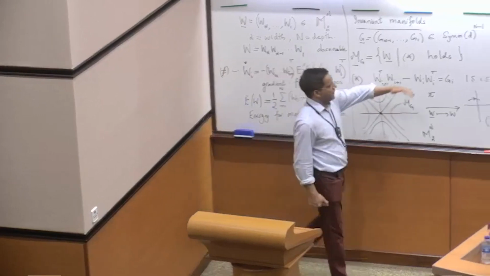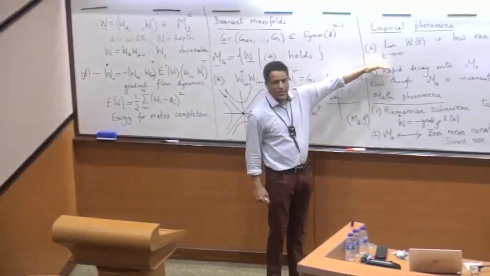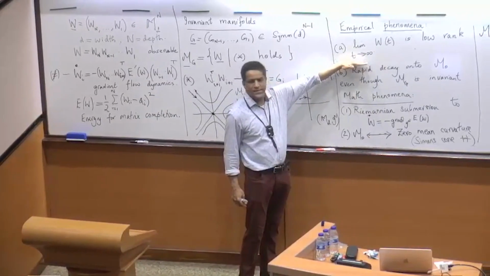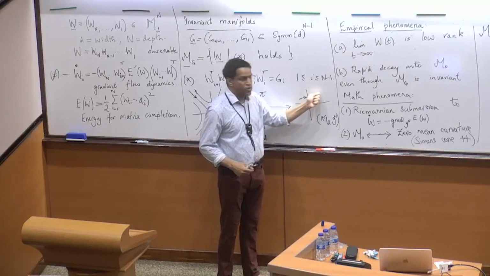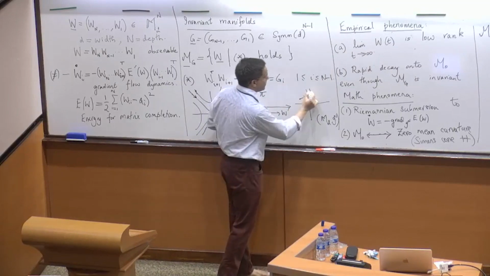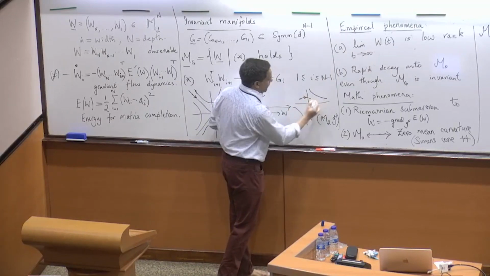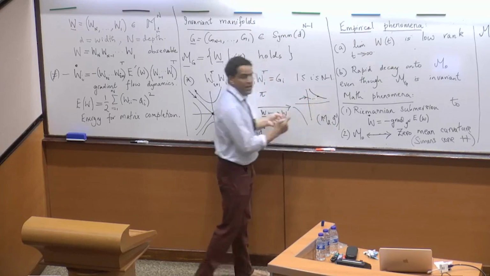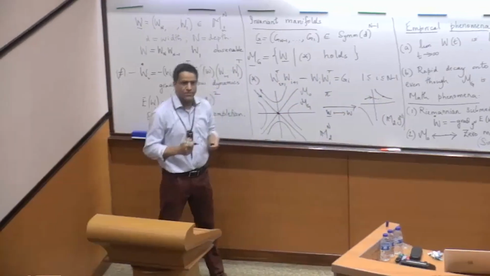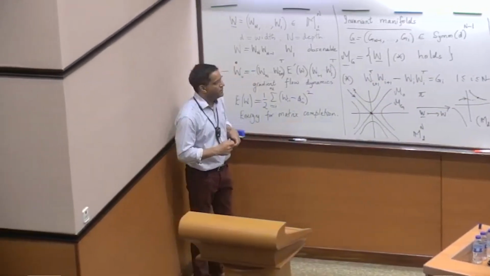What you find is that despite the fact that the energy function is degenerate, typically as t goes to infinity, this guy over here is converging to a low-rank matrix. In the 2x2 case, there's a manifold of low-rank matrices. Let's say all of this is the zero energy set, but somehow you end up at special locations. That's a very, very interesting phenomenon.